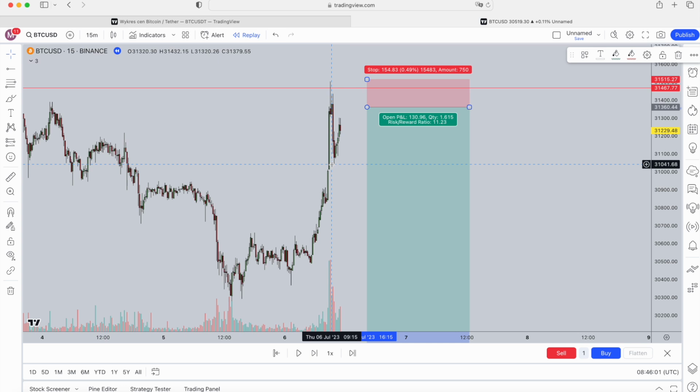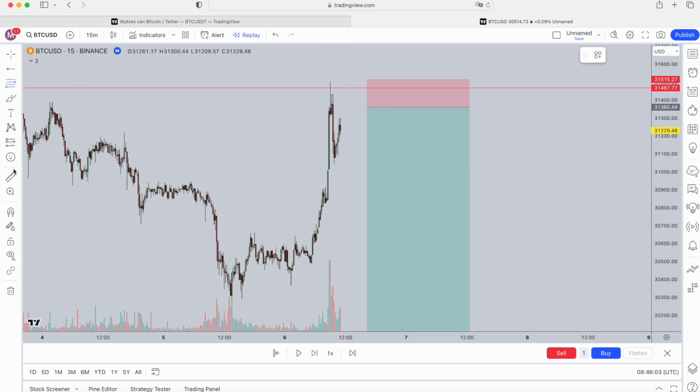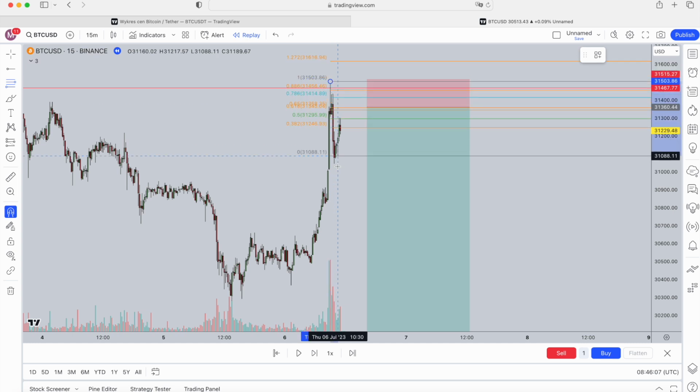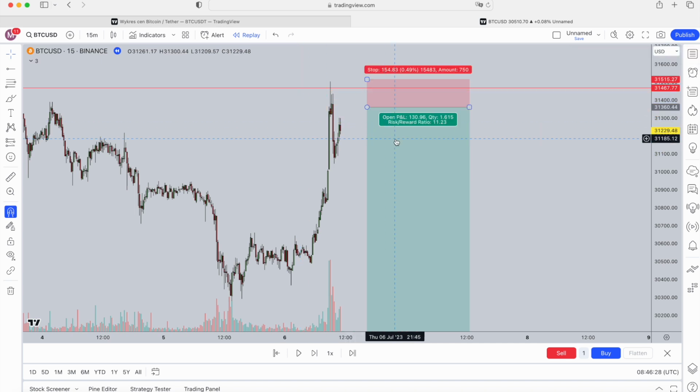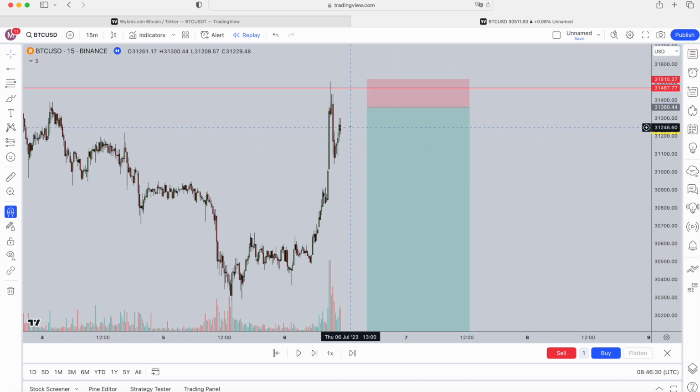Here I can use this Fibonacci tool to check how far the reaction went. As you can see, from the top to the bottom, and then to this place, the reaction is 50%. So the price moved down, and then 50% of this downward price movement got retraced. And based on the research from Wyckoff, that's a normal reaction, retracement.